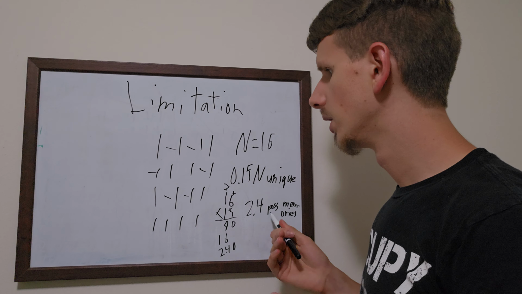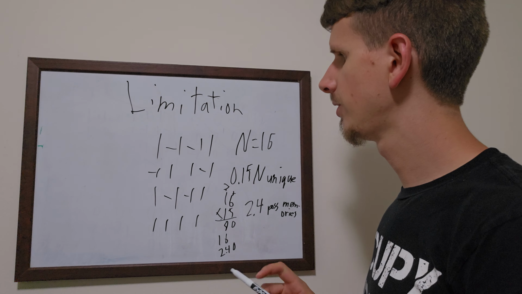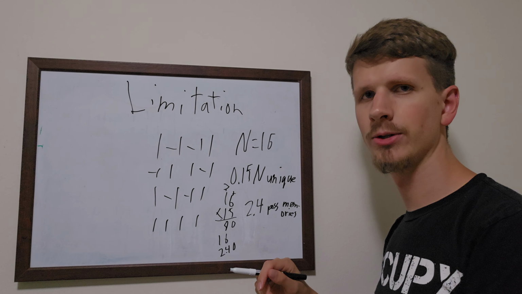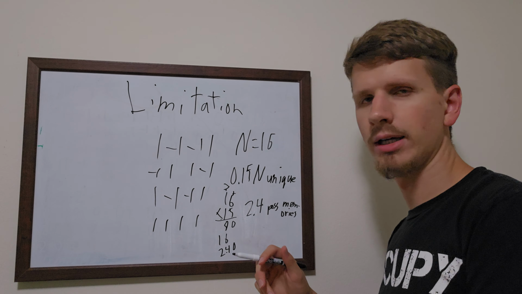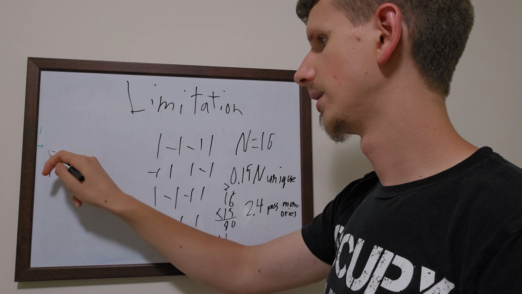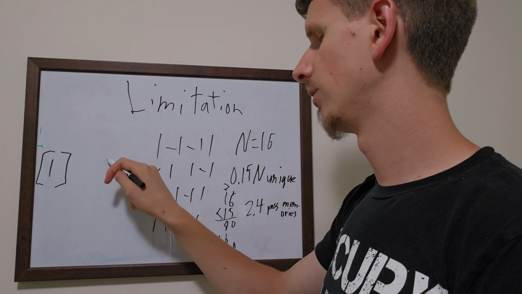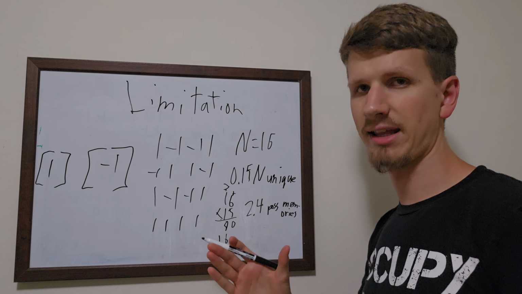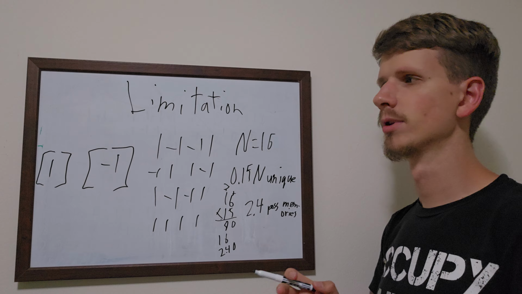So a way to imagine this is if you're making tons of these matrices and you're adding matrices on top of each other, you can have things like you have 1 in one matrix, and then -1 in your other matrix, and it cancels out.